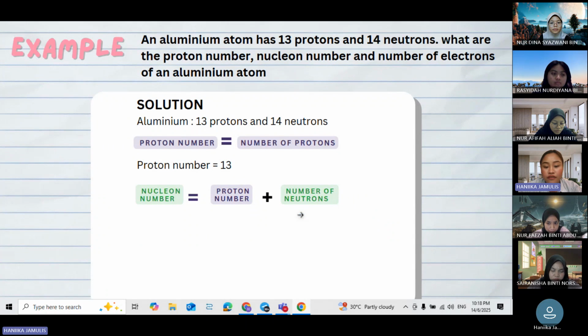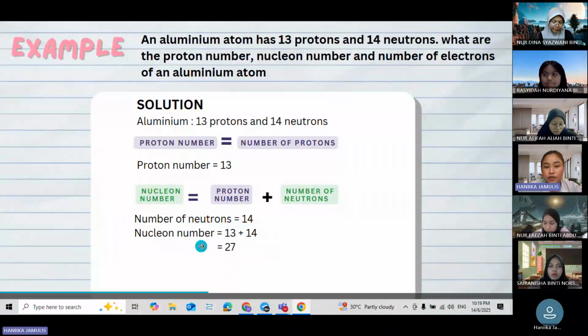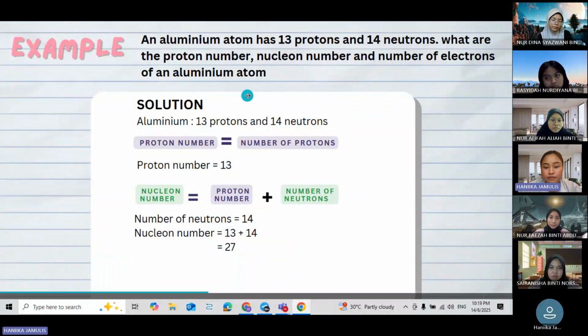And we already have both of this information, 13 protons and 14 neutrons. By adding both of these, the nucleon number is 27, where 13 is from the proton and 14 is from the neutron. So we can get the nucleon number, which is 27 for aluminium atom.